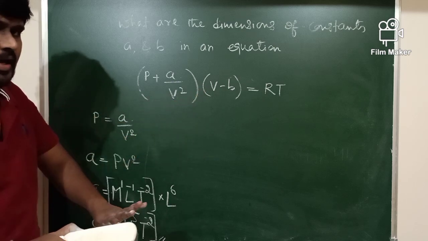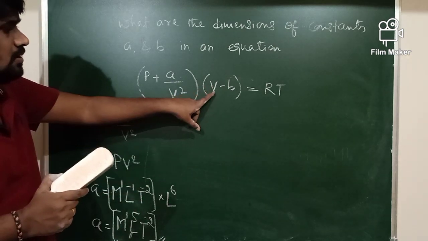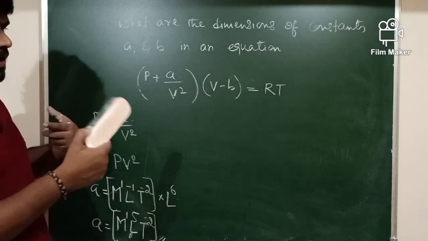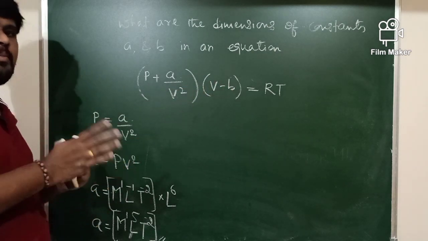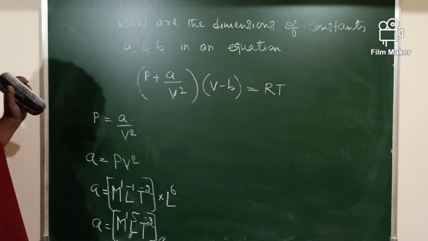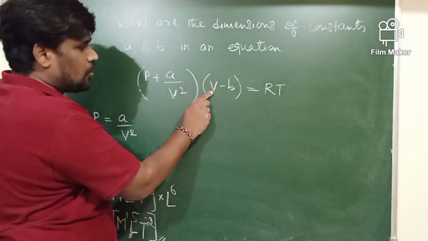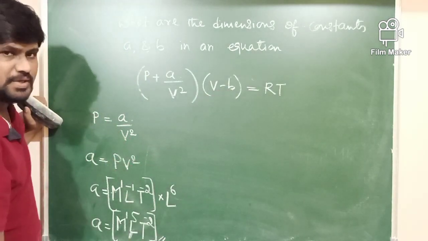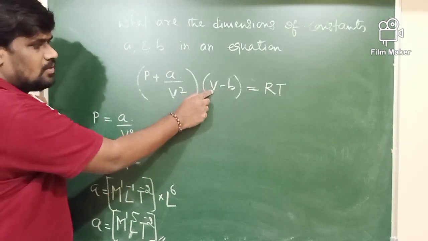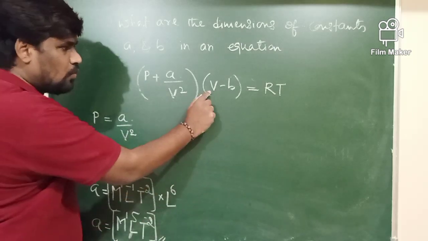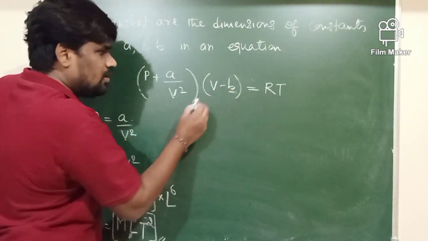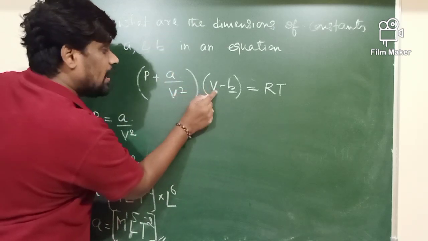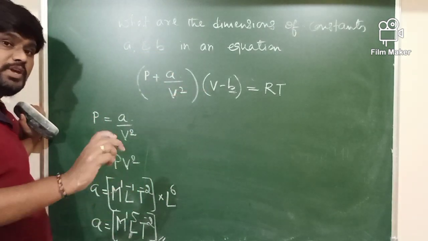Dimensionally, not mathematically, ವಾಲ್ಯೂಮ್ ಮತ್ತೆ ಬಿ ಎರಡು ಈಕ್ವಲ್. ಯಾಕಂದ್ರೆ ಎರಡನ್ನು ಸಬ್ಟ್ರಾಕ್ಟ್ ಮಾಡಿದ್ರೆ ಎರಡರದ್ದು ಡೈಮೆನ್ಷನಲ್ ಫಾರ್ಮುಲಾ ಏನಿರಬೇಕು? ಸೇಮ್ ಇರಬೇಕು. Therefore, the dimensional formula of V should be equal to the dimensional formula of B. What is V? Volume. Therefore, what should be the dimensional formula for B? The dimensional formula for B should be equal to the dimensional formula for V.